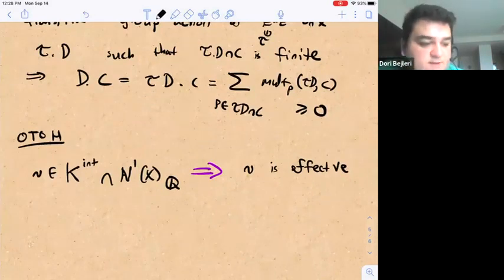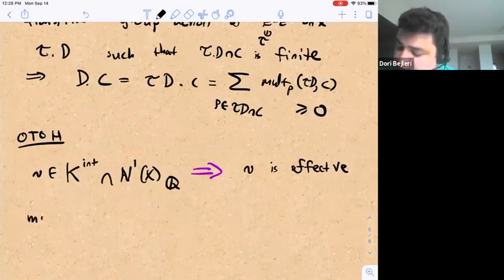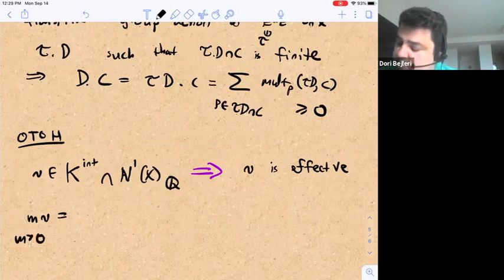Okay, so to prove this, we're going to use Riemann-Roch. Here we have to pick something with rational slope because we want a multiple to actually be an integral divisor and to actually correspond to a line bundle. So on our assumptions, we know that there exists some m greater than 0 so that mv is actually the class of some integral divisor.